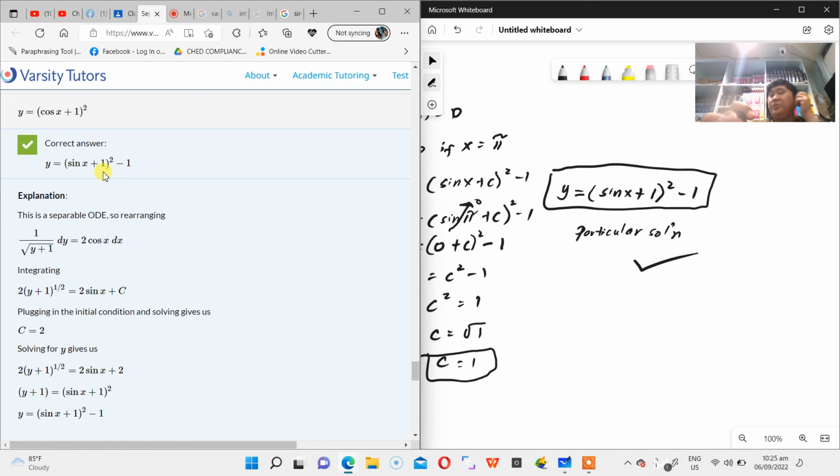And I think that will end all the problems in the variable separable for the Varsity Tutors website. And you could look for more. There are many more, try to solve them. Try to understand. If you look at this part of the website, it only has statements, not a clear or detailed solution.